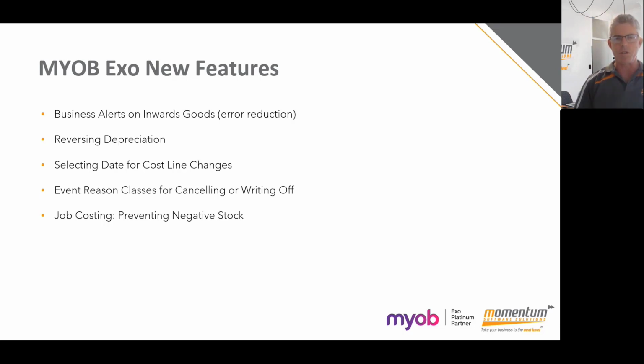So a user has received something in at the wrong unit of measure, wrong quantity, wrong cost. And if that is not done correctly or captured quickly, then all sorts of problems can flow on from there. So incorrect inventory valuation, incorrect margin if you then subsequently sell that stock, and all kinds of rework to try to fix it.